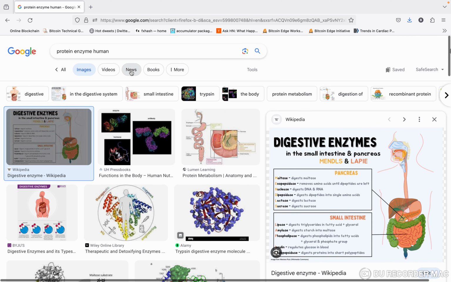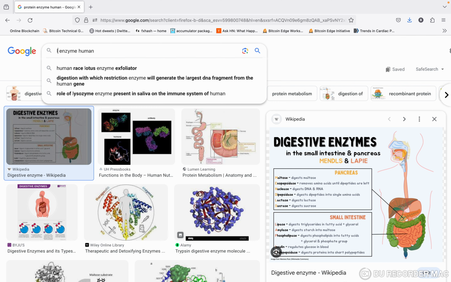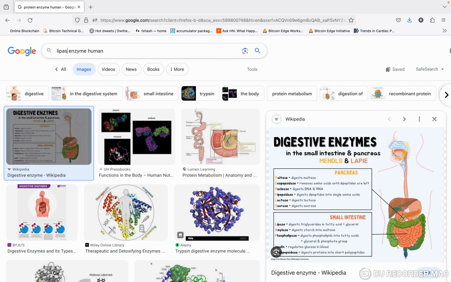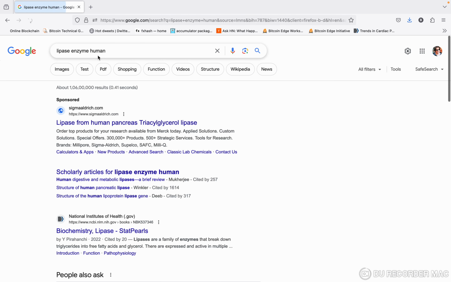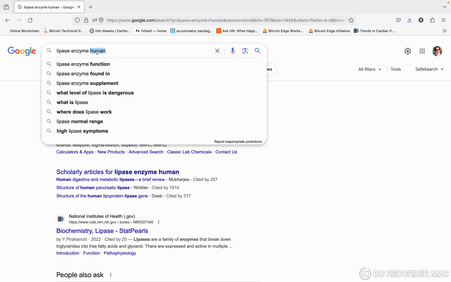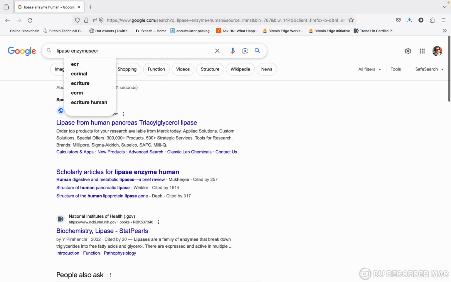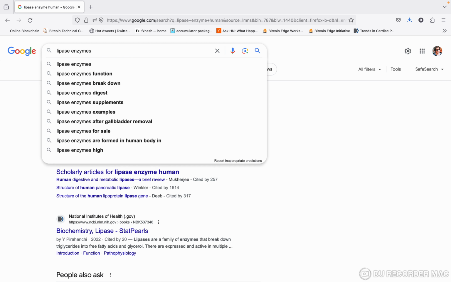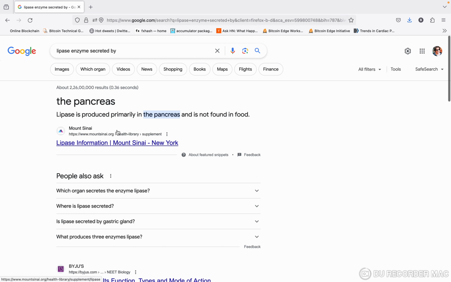Let me check where lipase is secreted. Lipase is produced primarily in the pancreas and is not found in blood.